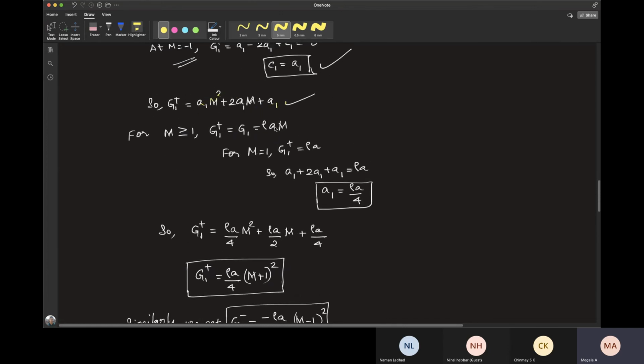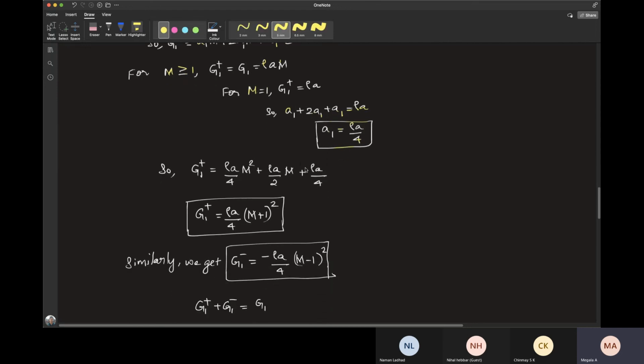In this expression, you substitute G1 plus equals rho a m for m greater than or equal to 1. And since it holds for m greater than or equal to 1, it holds for m equals 1 as well. So you substitute m equals 1 in this expression. You will get A1 plus 2A1 plus A1 equals rho a, and thereby you are getting an expression for A1, which is rho a by 4.